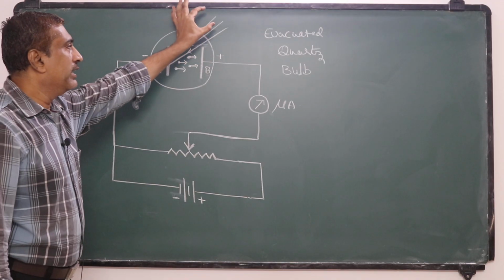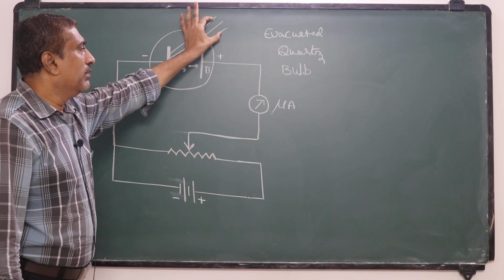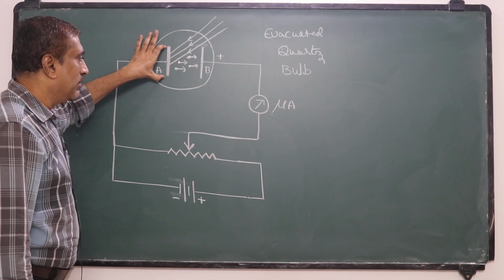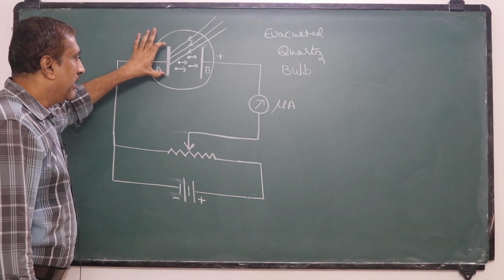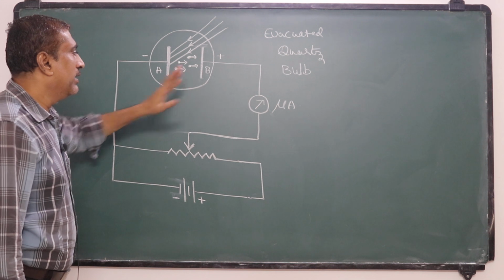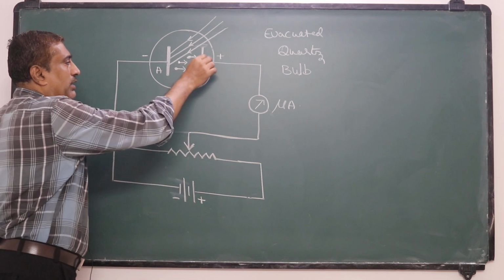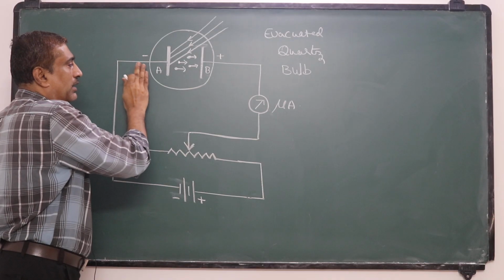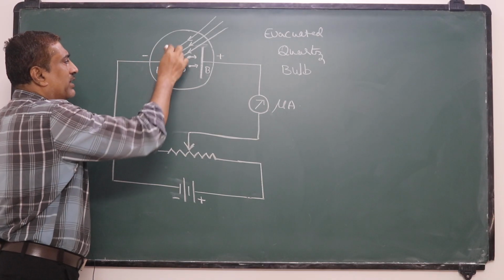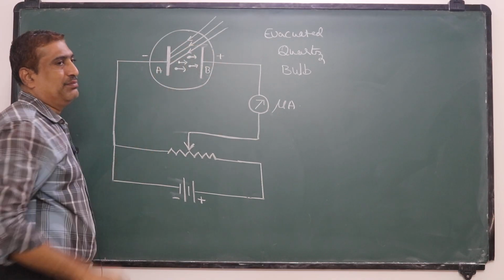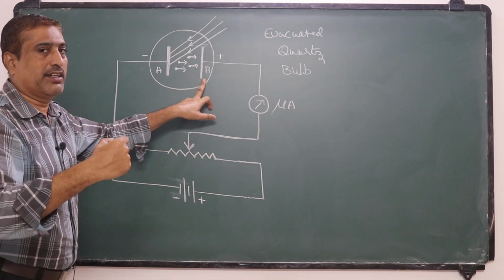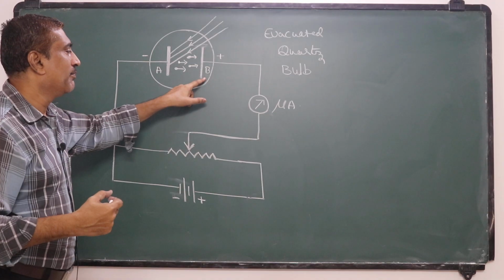So when radiation of suitable wavelength is incident on this electrode or metal plate, electrons are emitted, and the other electrode is made positive with respect to the cathode. We can say this is the emitter and this is the collector. The emitter emits electrons, and the collector accepts the electrons.